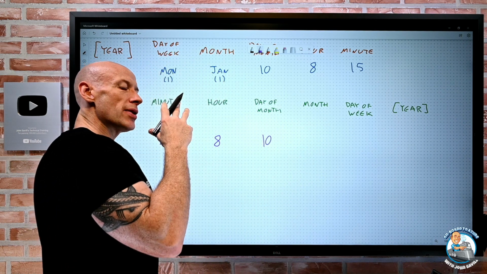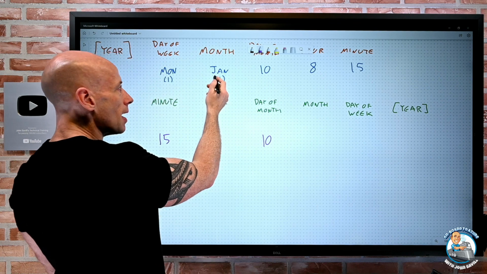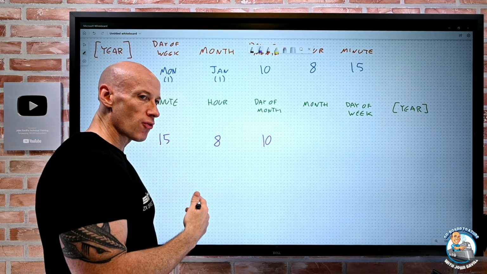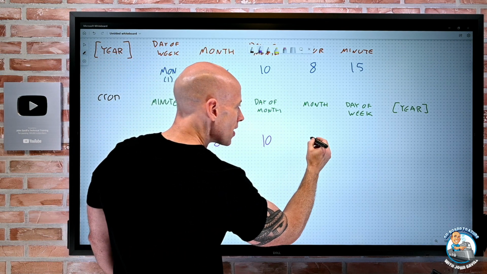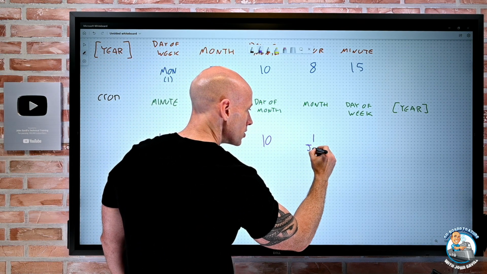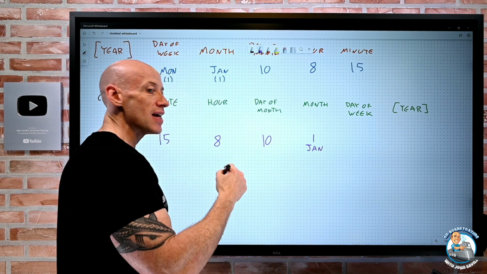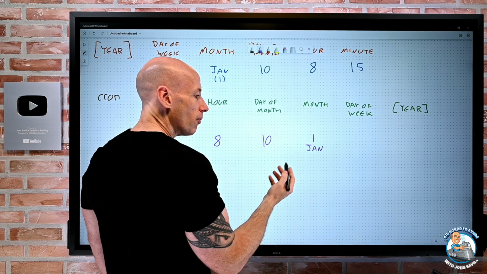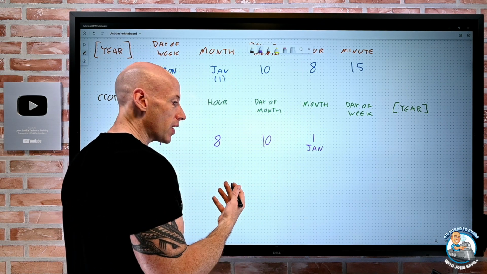Now, when we talk about cron, I can use the numbers or I can use the 3 letters, the first 3 letters from the month or the day of the week. So yes, I could say 1 for January, but I could also say JAN or FEB or MAR, etc. So I've got the month, my day of the week.